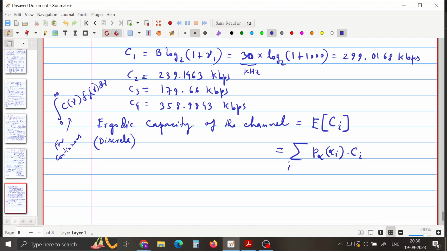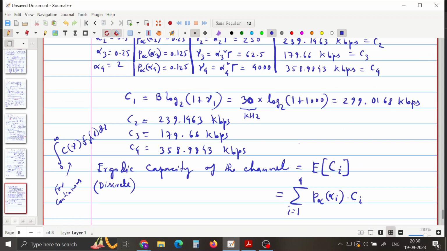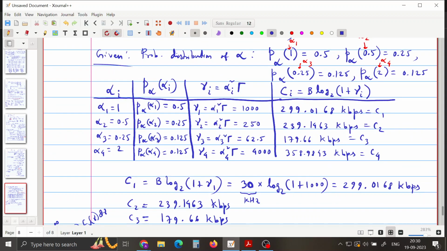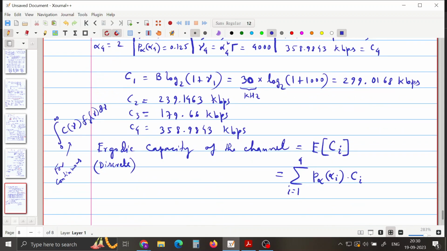So summation, and i runs from 1 to 4, since there are 4 components. All you do is take C1, C2, C3, C4, scale them by the corresponding probabilities p of alpha 1, p of alpha 2, and then add them together. That's the expectation, right?